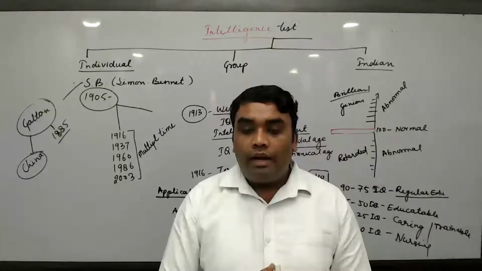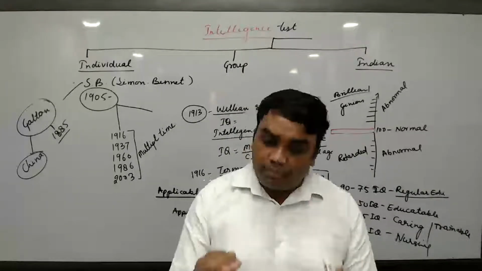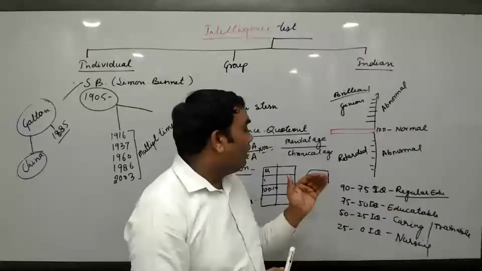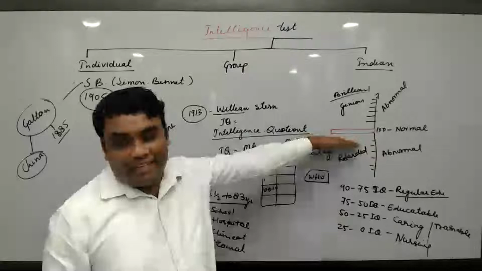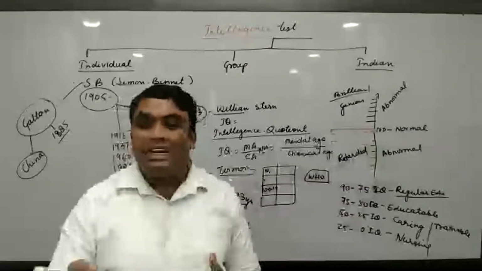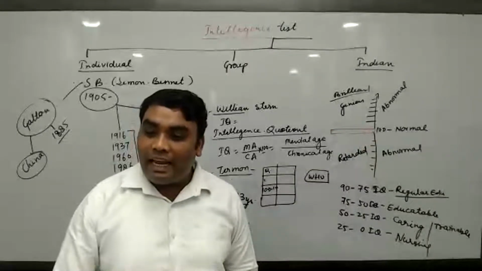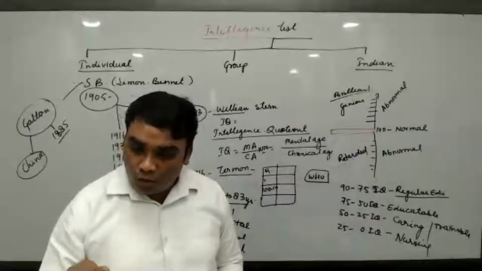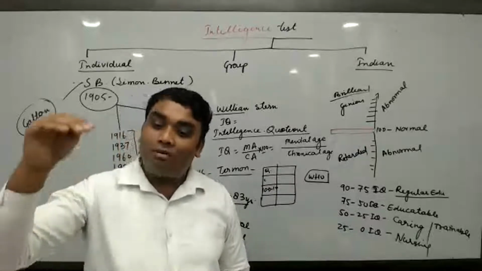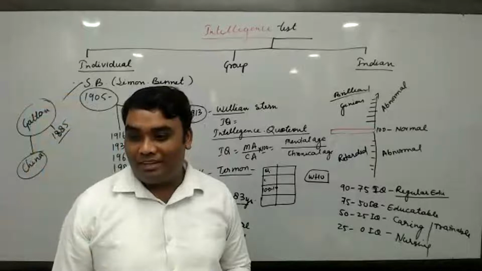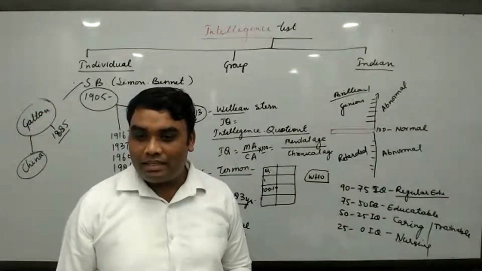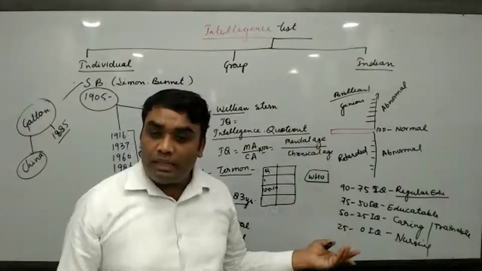How is it beneficial to which category? Because intelligence tests basically help to categorize whether you are normal, above normal, or below normal. Getting my points? So this IQ principle helps in that case.